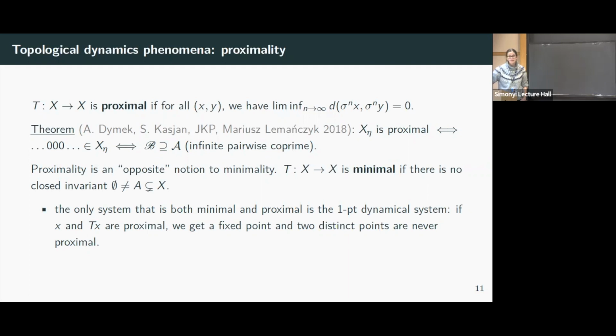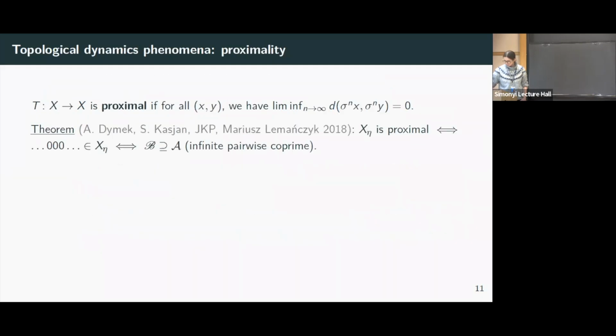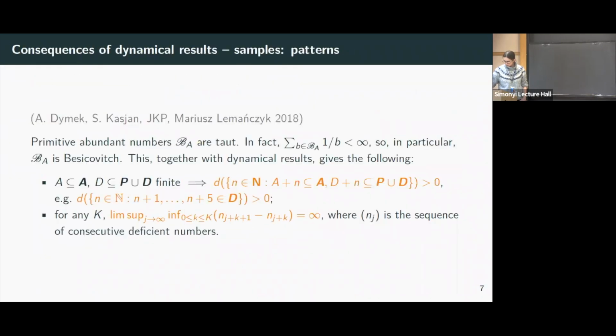There was another earlier result which was about shifts of finite subsets of A, the admissible ones, appearing with positive density. This one? Yes. You said there are some dynamical ingredients that help you prove that. I was wondering if you could say what those are.